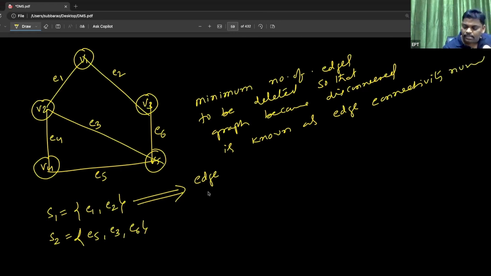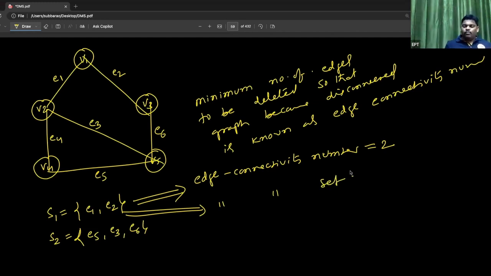And that set is called the edge connectivity set. Here the edge connectivity number is equal to 2. This is the edge connectivity set. Because of the keyword minimum: not just any number of edges, but the minimum number of edges to be deleted so that the graph becomes disconnected.